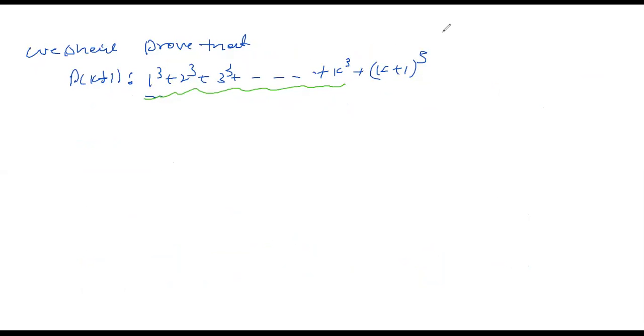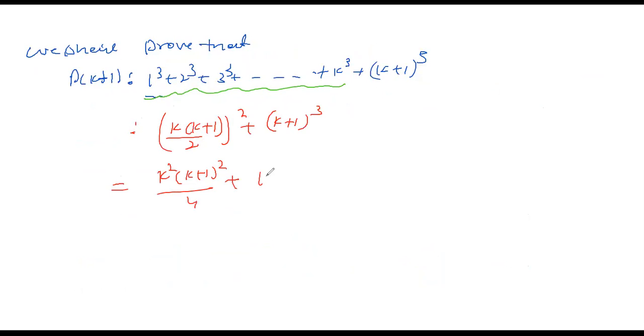Now, 1 cube plus 2 cube and so on up to k cube I know from equation 1: (k into (k plus 1) by 2) whole square plus (k plus 1) whole cube. Now take the LCM: k square into (k plus 1) whole square by 4 plus (k plus 1) whole cube.